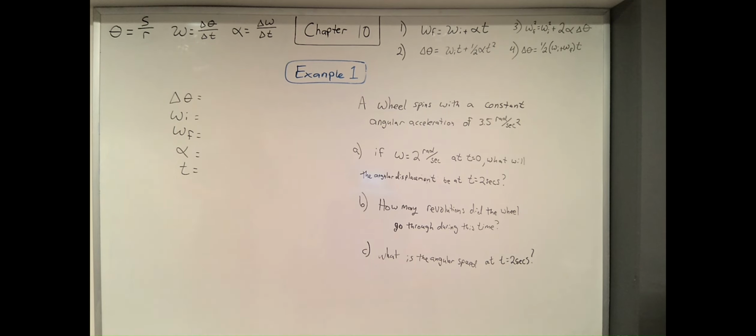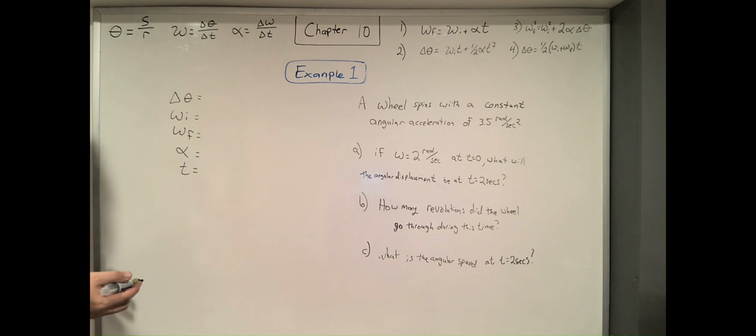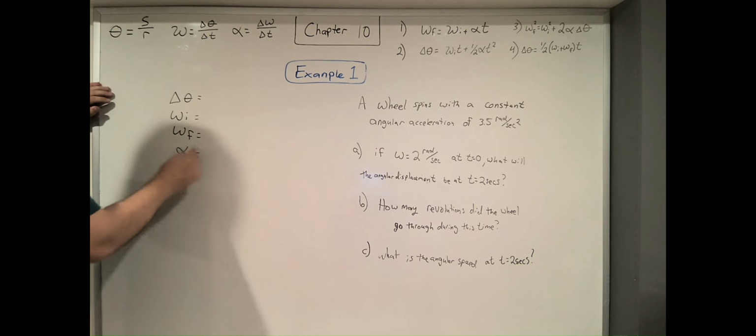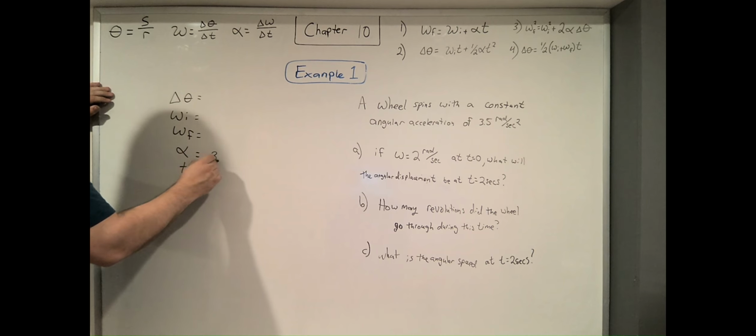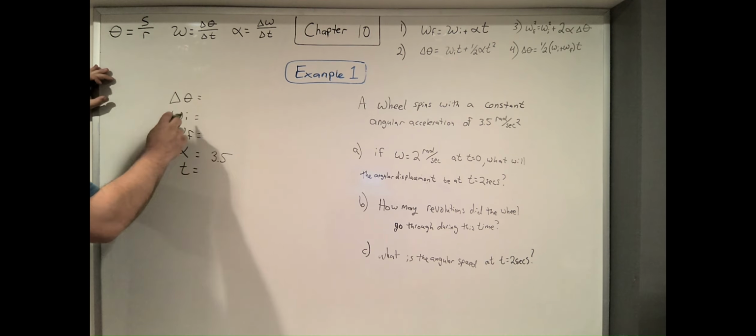It's just the new angular variables that are going to be associated with them. So first off, what are we given and what are we looking for? It told us that the angular acceleration was 3.5 rads per second squared. Acceleration is given by the new term alpha. So I'm going to add 3.5 to our list. It also says if the speed was 2 radians per second at t equal to 0, that's the initial speed.